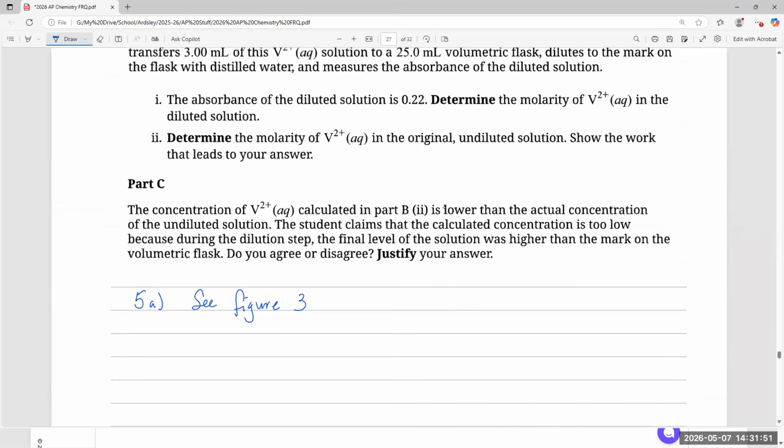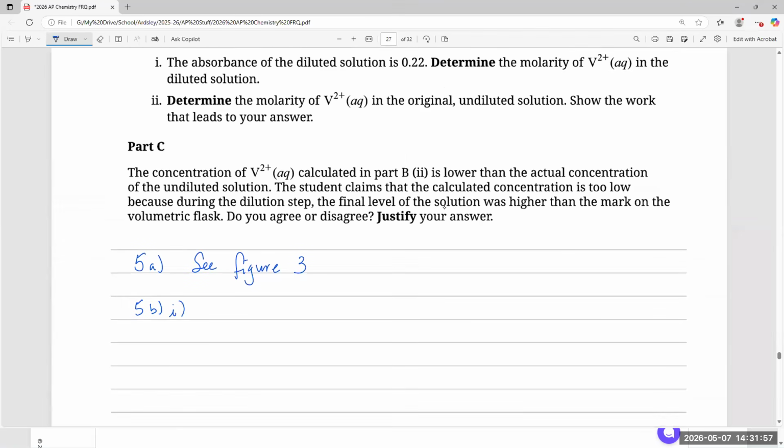So 5B, part I. The molarity of the V2+ is what?